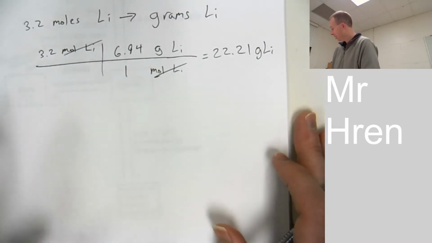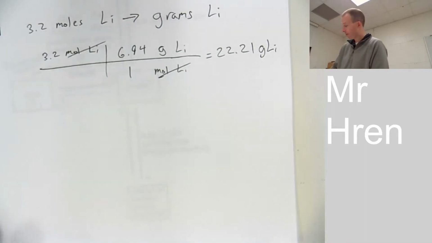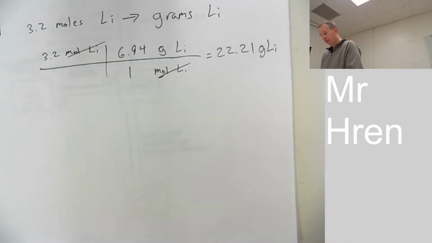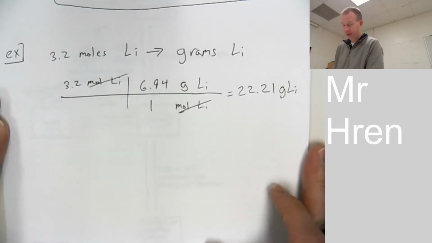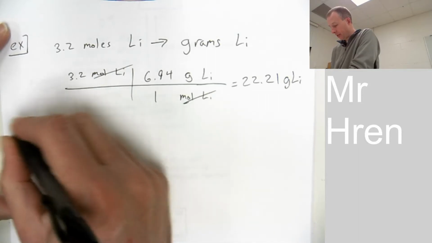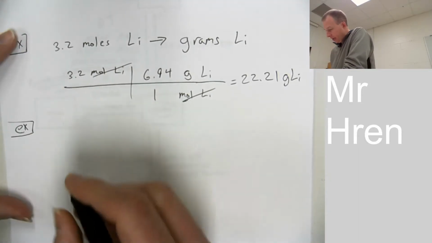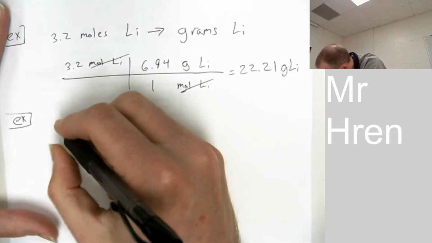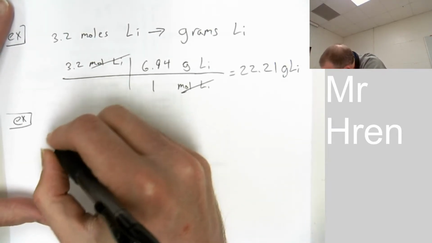So now, let's do more examples. Now, what if you have a problem that's a little different? This is where I'm going to lose some of you, get you confused, so pay attention, focus on this part.